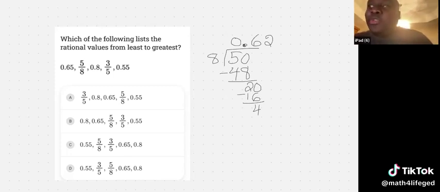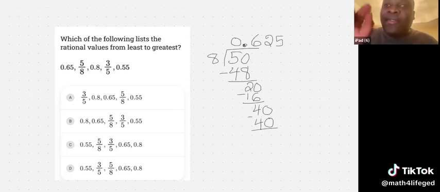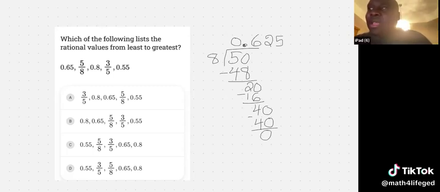So 8 goes into 40 how many times? 5 times. 5 times 8 is 40. 40 take away 40 is 0. So the decimal for 5 over 8 is 0.625, right? Or 625 thousandths, right? 625 thousandths.